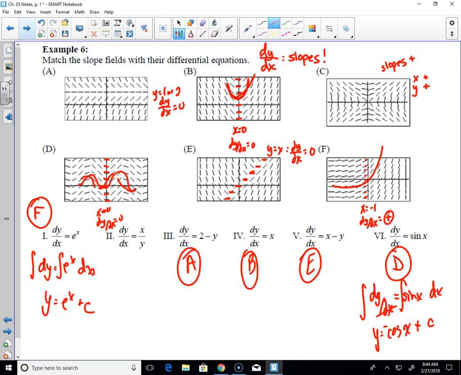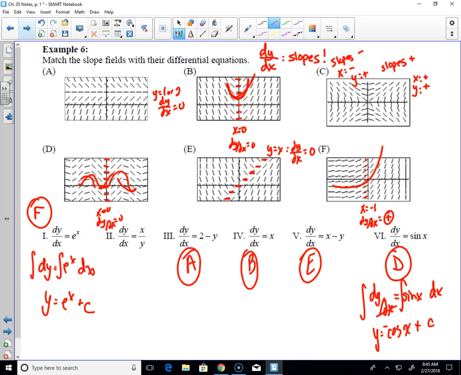For instance, what's going on in the second quadrant? Slopes are all negative. Well, aren't the x's negative in the second quadrant and the y's positive? Does that make sense, that a negative over a positive will always make a negative? So that's another way to deduce, by looking at the signs in the quadrants.